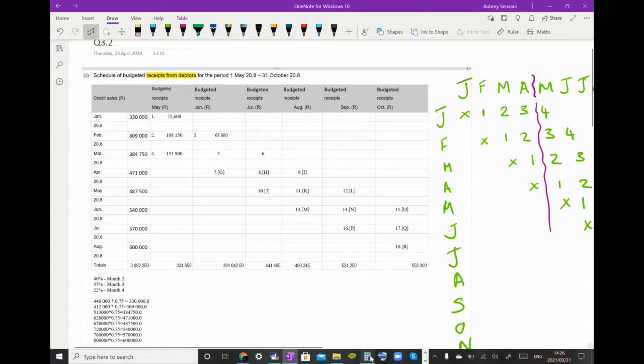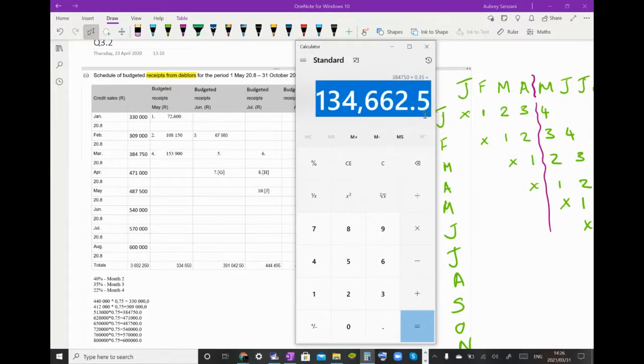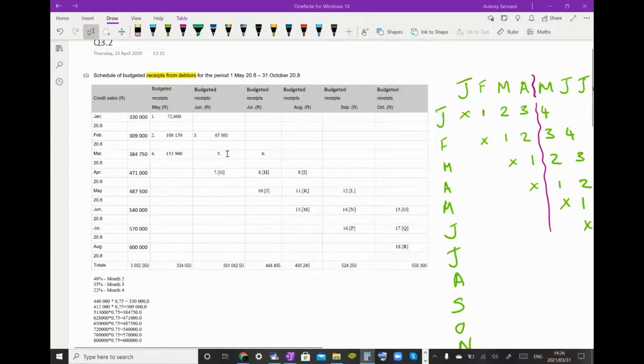Then do another calculation. We are saying 384,750 times 0.35. Okay, it doesn't seem to want to. Oh, there we go. Try and get through this a bit faster.